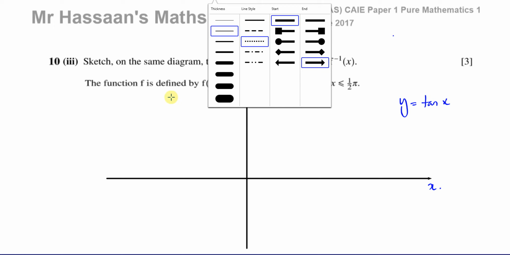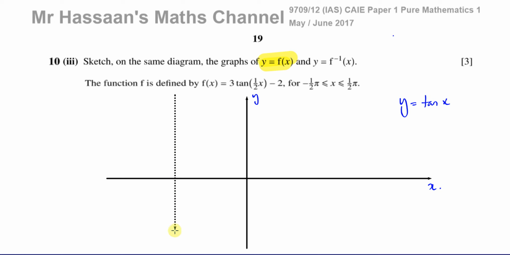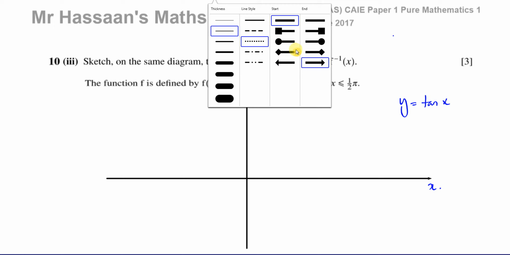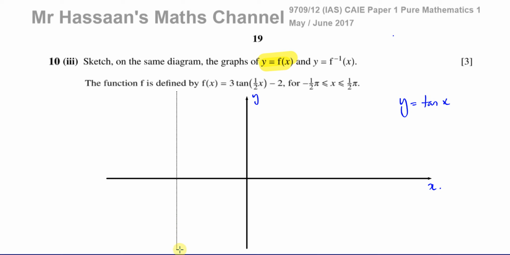So there's an asymptote here at minus pi over 2, and another asymptote over here. At negative pi over 2 and positive pi over 2, you have asymptotes. That's in radians, minus 90 and 90 degrees. So that's x equals pi over 2 and x equals minus pi over 2.